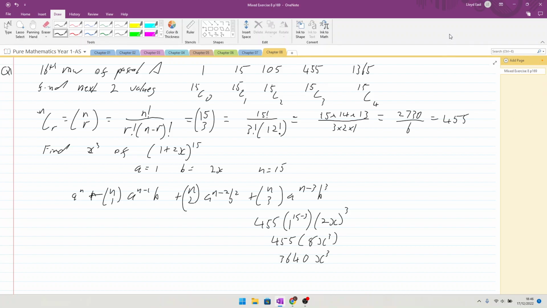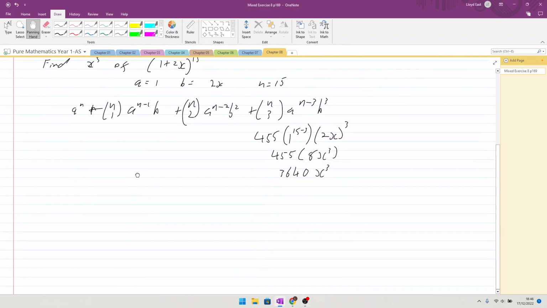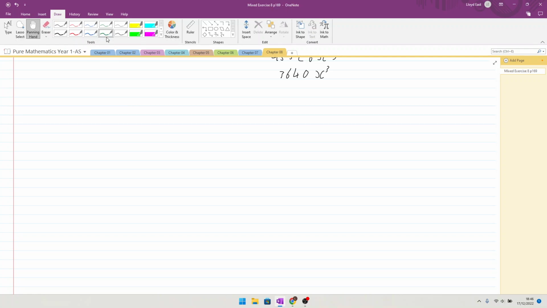Question 2 next. They state that 45C17 is equal to 45 factorial over 17 factorial times a factorial.